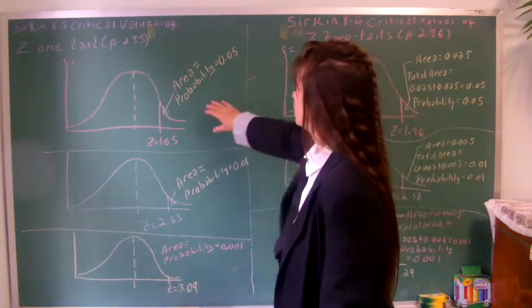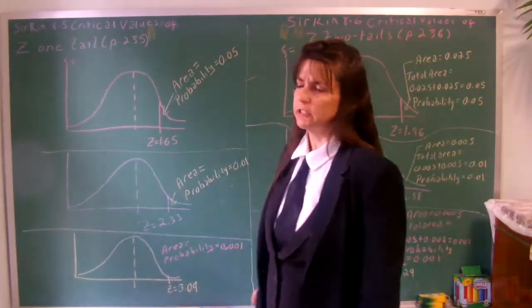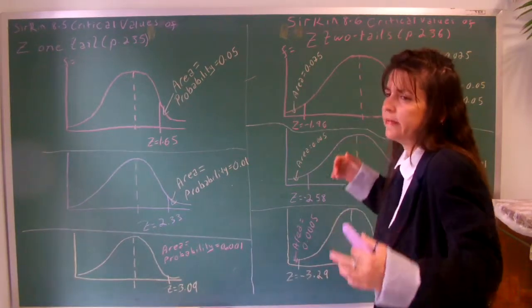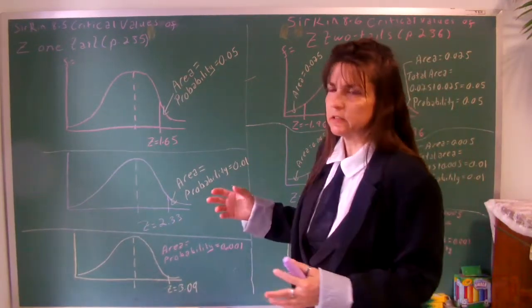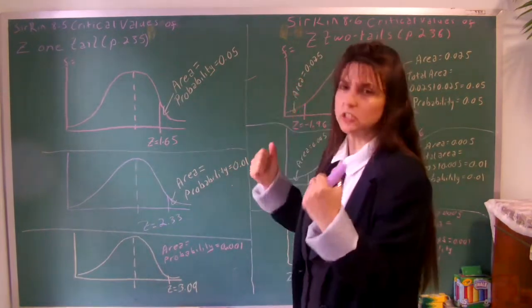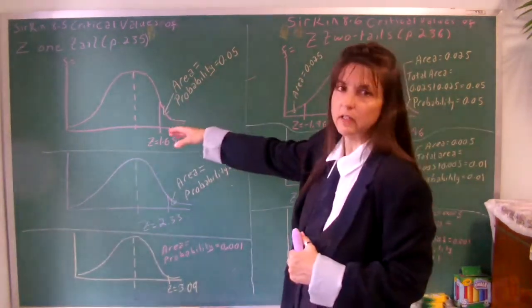So let's say the Z one-tail. For example, let's say we have a treatment, study skills, and we really think that students' grades will improve if they use this treatment. Well, that would be a one-tail.